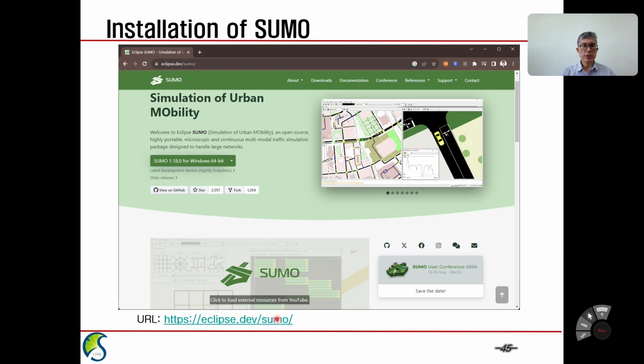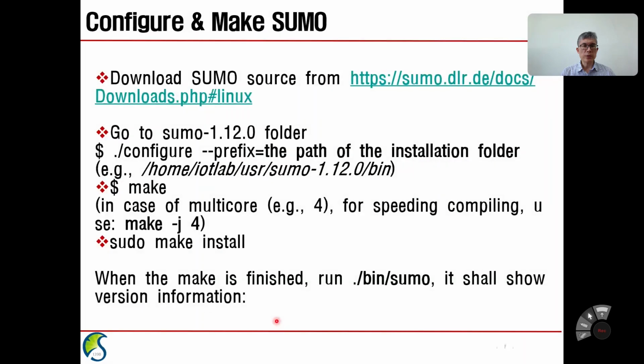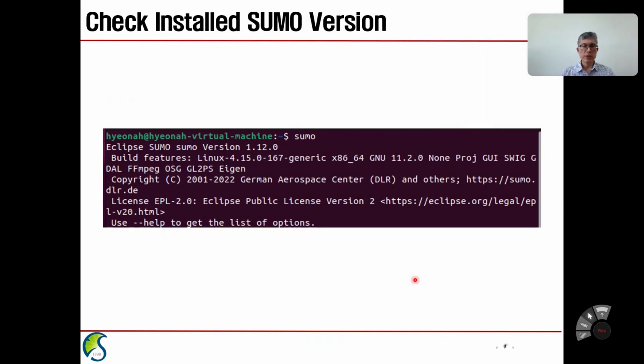After that, you go to this link, download SUMO, and download the source code, unzip it, and then go to the SUMO 1.12.0 version directory, configure the path. This is the binary path for SUMO, okay, and then make, and the make is done. In the binary directory you can go, and SUMO can be activated.